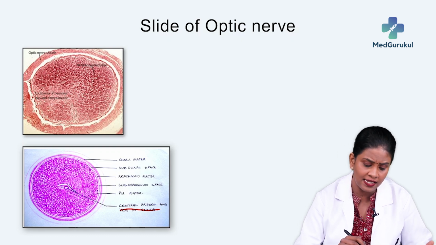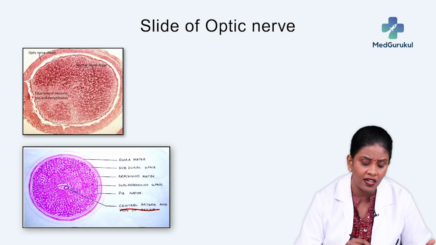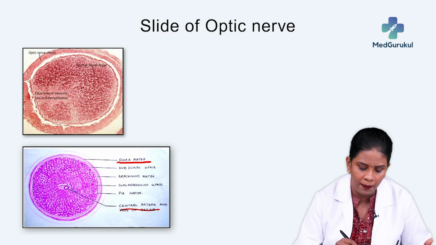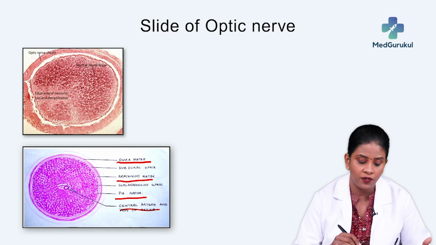And one more difference, all the peripheral nerves are covered by only connective tissue, right. But here additional coverings are there around the optic nerve, nothing but the meninges: dura mater, arachnoid mater and pia mater. These are the three layers of meninges which cover the optic nerve, because optic nerve is nothing but the prolongation of the eyeball, isn't it?